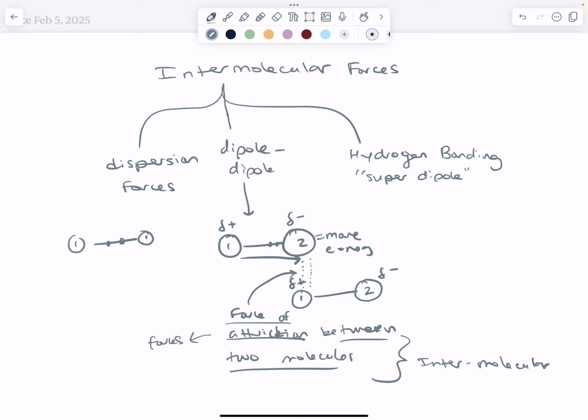So the strong dipole present here pulls the electrons towards one side, leaves the other side as positive. This arrow that I drew right here is called a dipole moment. You can see that it's pointing in the direction the electrons are being pulled, and then we cross the other side to say this side's going to be positive. This side will be more negative. But if we have this strong dipole moment on one side of the other, there's attraction that comes between these two molecules that will make them stay closer together, okay?